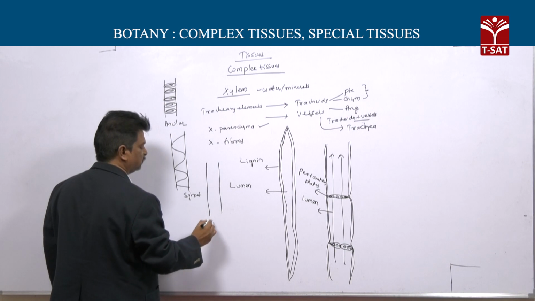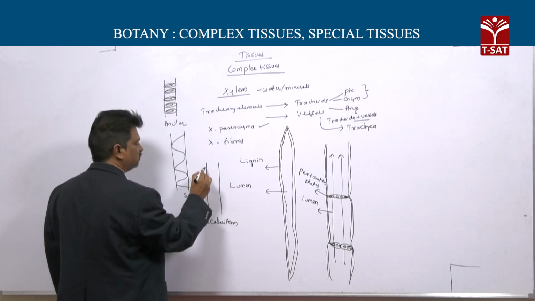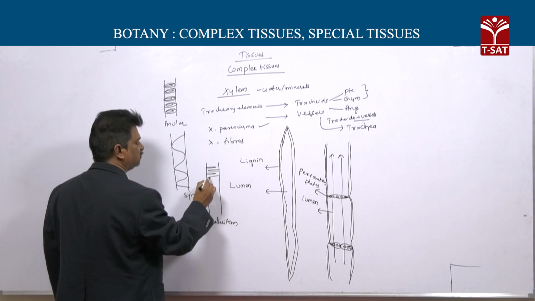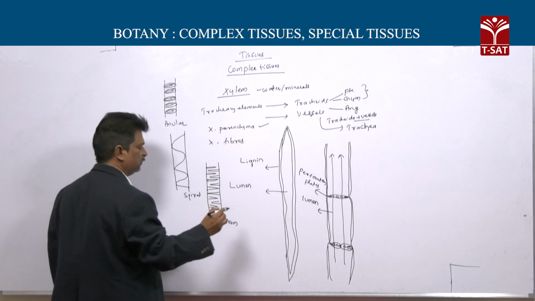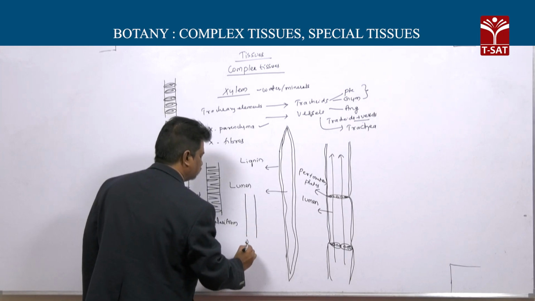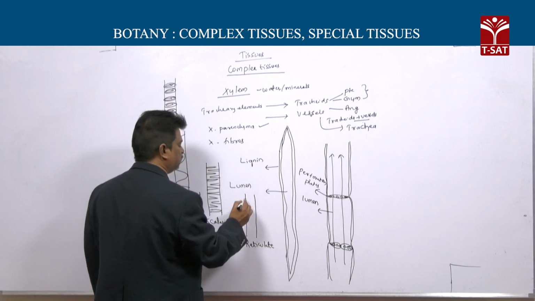Then next one is scalariform. Scalariform means that lignin deposition is ladder-like. If lignin deposition is ladder-like, it is called scalariform. Then next one, reticulate. Reticulate means that lignin deposition is net-like.